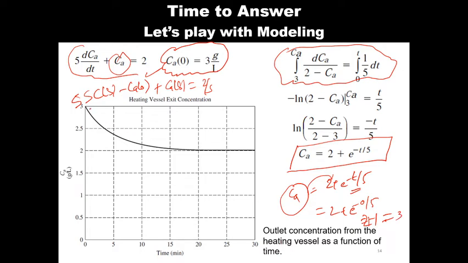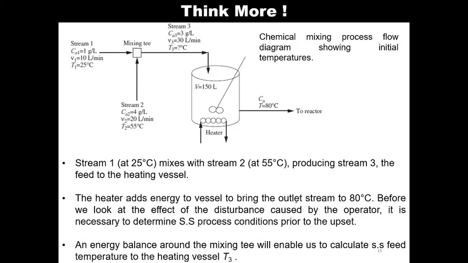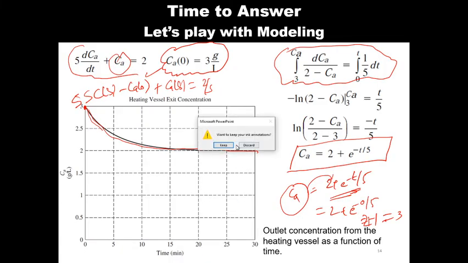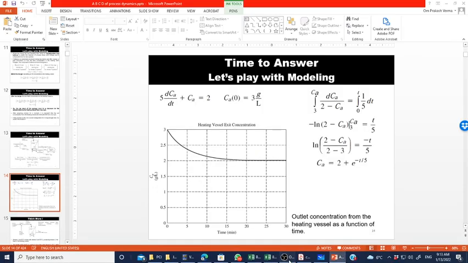So at time t equal to 0, the starting concentration is 3. As time increases, t equal to 1, 2, 3, 4, 5, you can see there is a decay in the concentration. It follows the exponential rule. This is the path. So this is the first part of the problem.